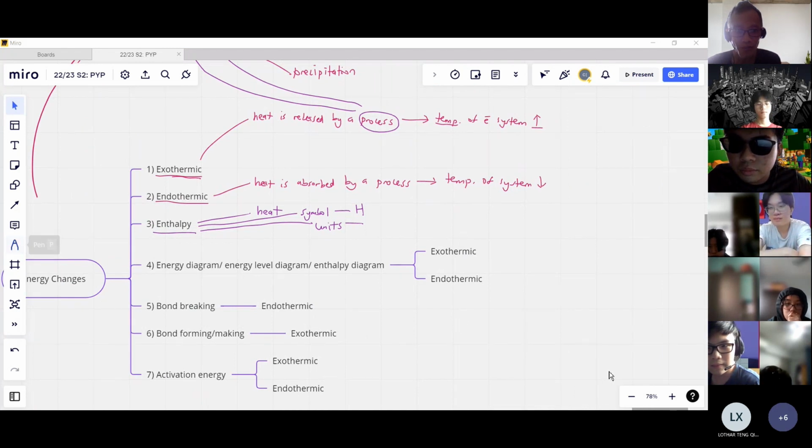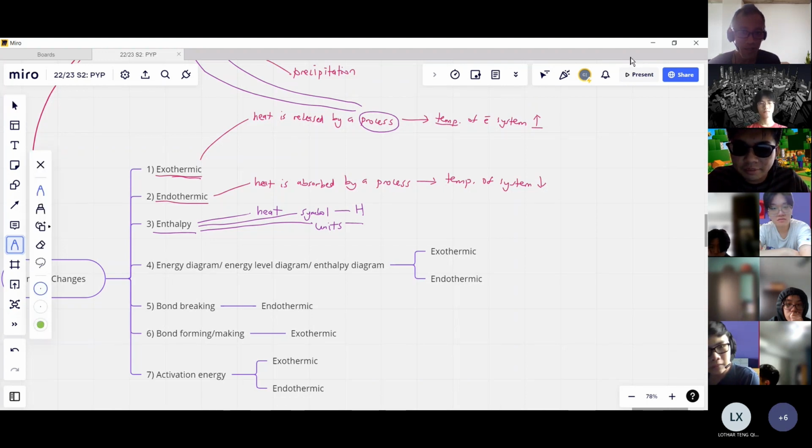Okay, good, at least Ashad got it correct. Now, as I was saying, enthalpy is heat. So the units will be heat units, guys. All right, units will be the joule. So make sure you can recognize the short form as well. It's capital J.